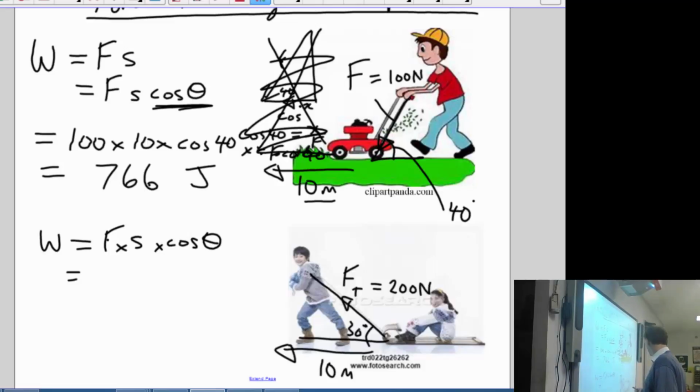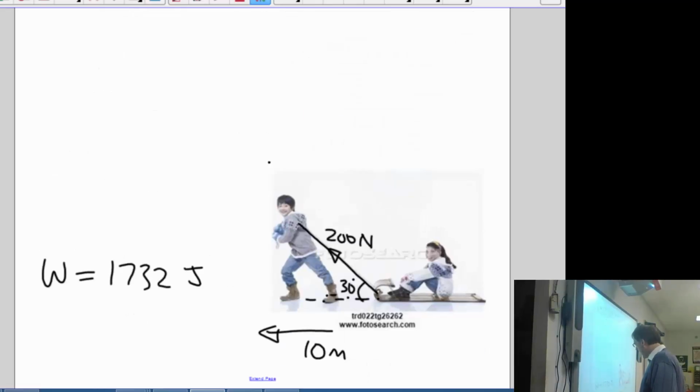The tension down the rope, at an angle, is 200 newtons, but it'll be the cosine of 30 to work out the component in the same direction as it's going, and it's going to travel 10 metres. So putting all those ideas together, you're going to get an answer there. You could round that off to so many significant figures. Let's say it's 1.7 times 10 to the 3 joules to 2 significant figures only. Okay? So that's the idea of those sort of questions.